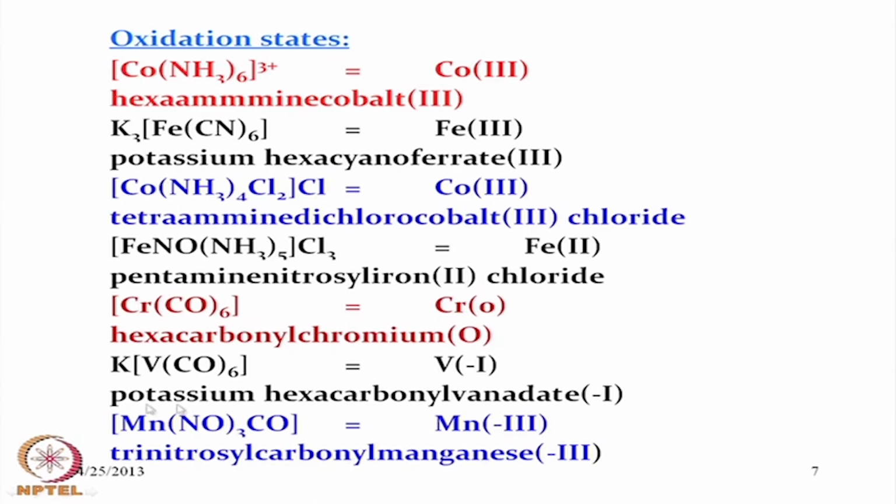So, the manganese is getting some electrons through the back bonding from the carbon monoxide and the nitrosyl, because all these nitrosyls are NO plus. So, that electron is basically dumping over the manganese. So, manganese is basically accommodating the corresponding number of electrons. So, manganese is present in the -3 oxidation state, that means 3 extra electrons are transferred to the manganese site.